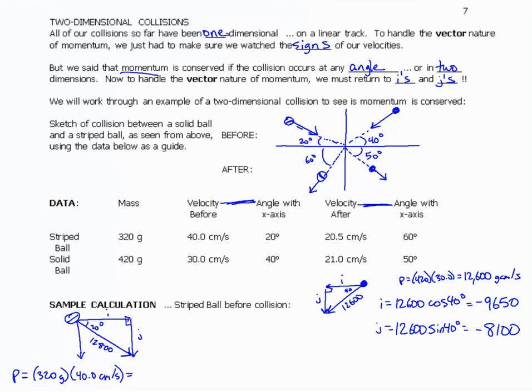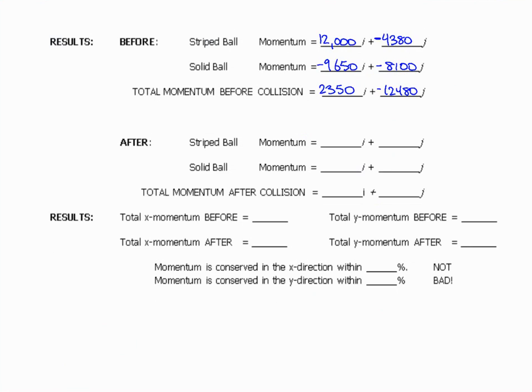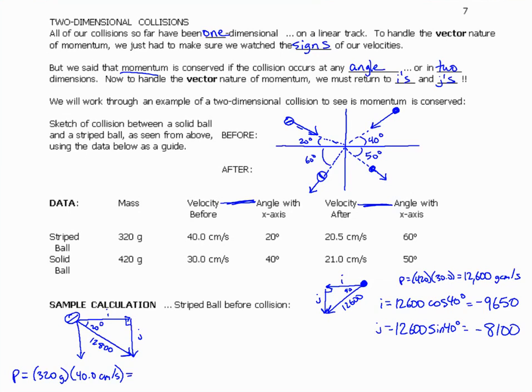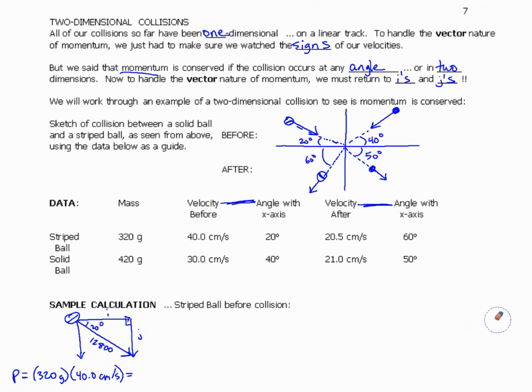So after the collision, I'm going to erase this. Do the next part. After the collision, let's look at the striped ball. So look at your picture here, and here's the striped ball.